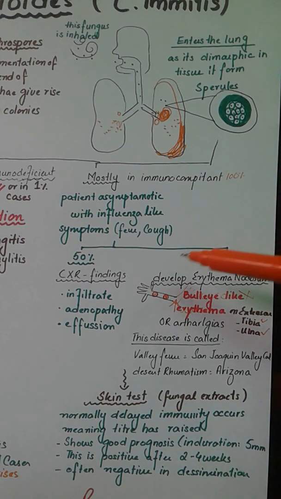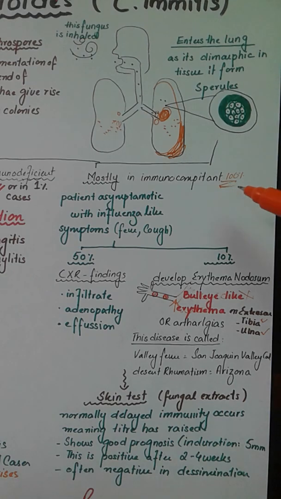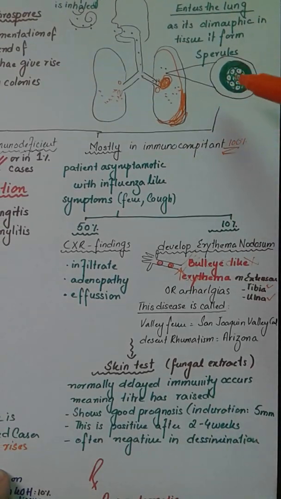Now, in approximately 100 patients, if we test their skin by implanting some of the antigen derived from this fungus upon their skin, they will have an induration. This induration is time dependent, normally seen after 2 to 4 weeks.